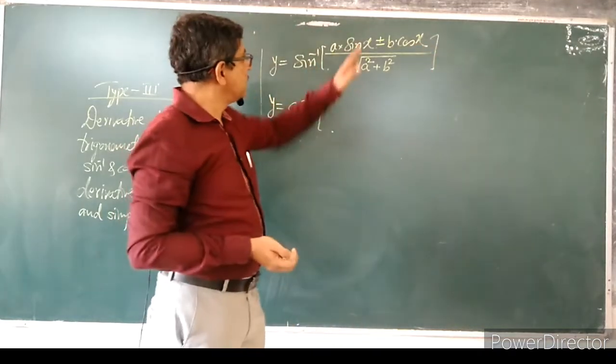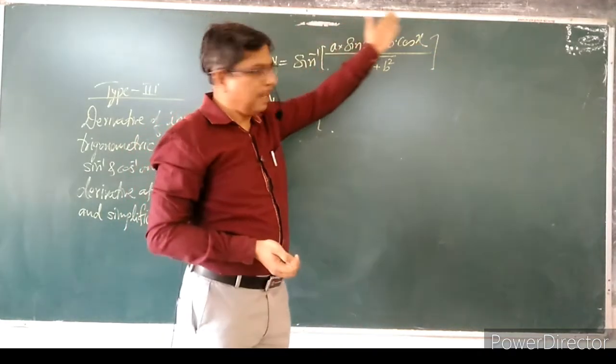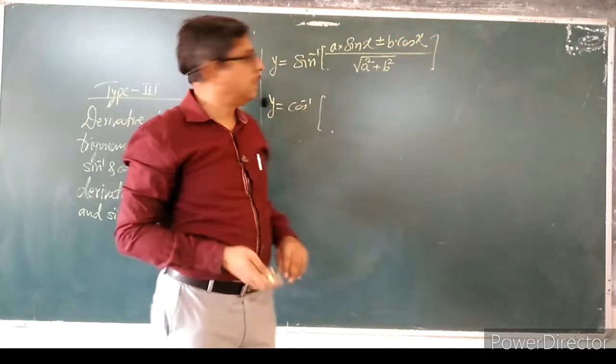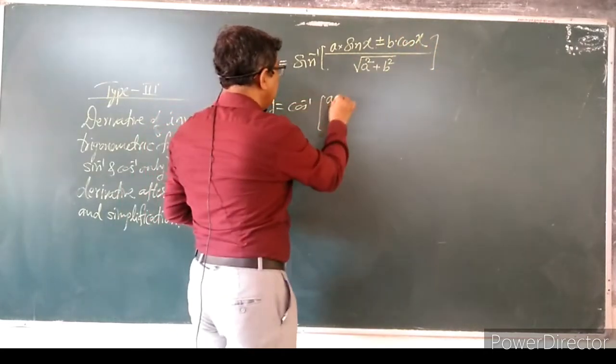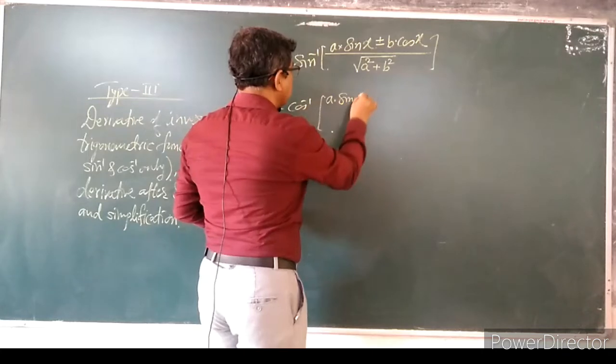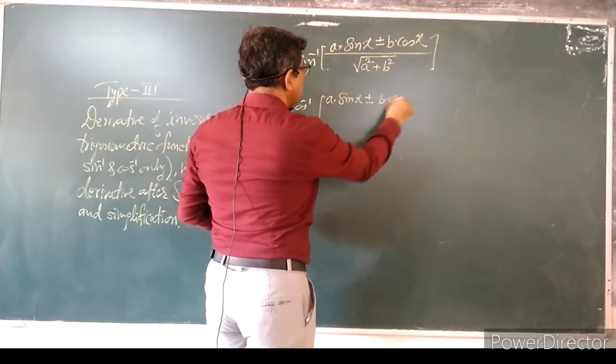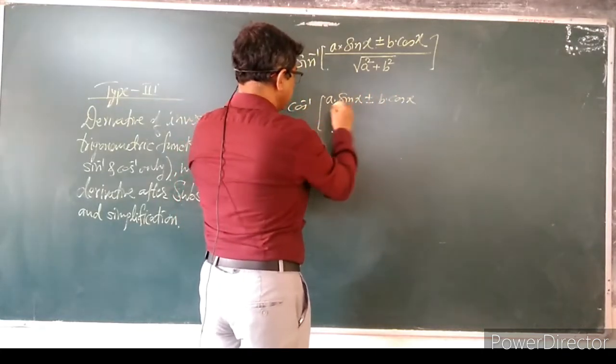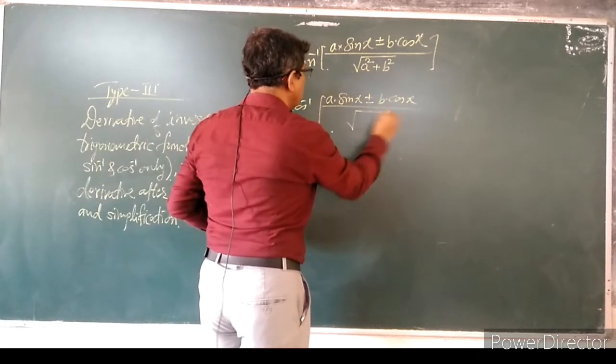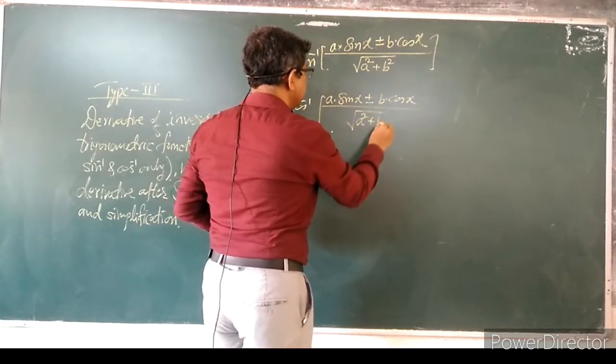In some cases you may get cos here and sine here. Same thing here, a sin x or cos x plus or minus b cos x or sin x, interchange it, and divide by a root of a square plus b square.